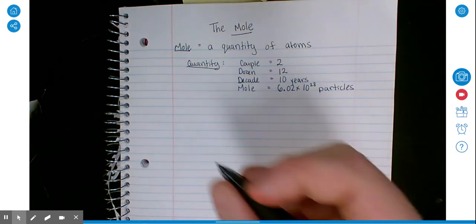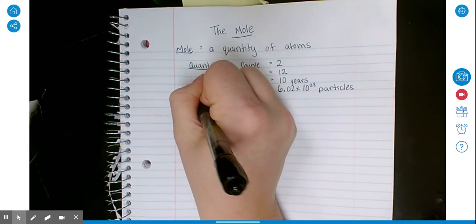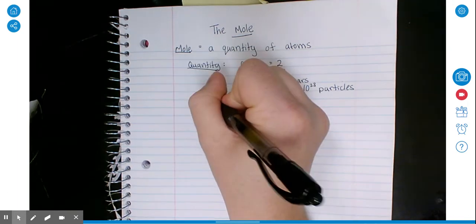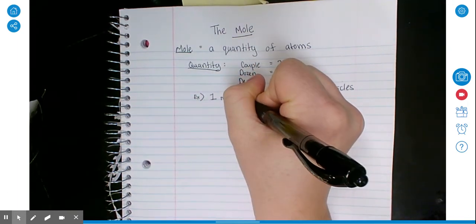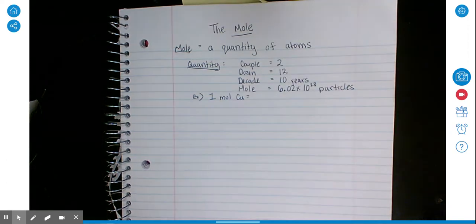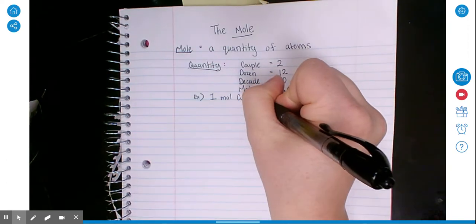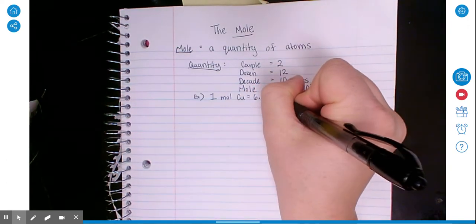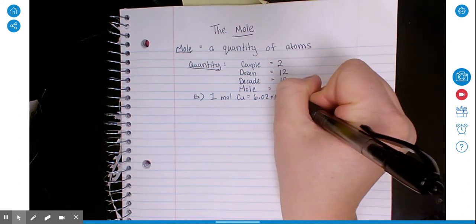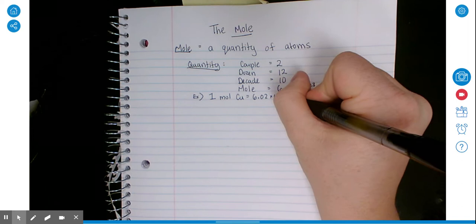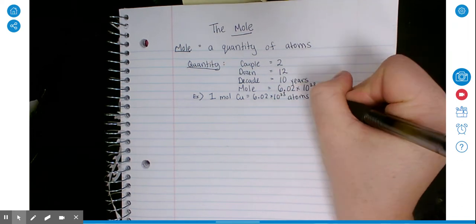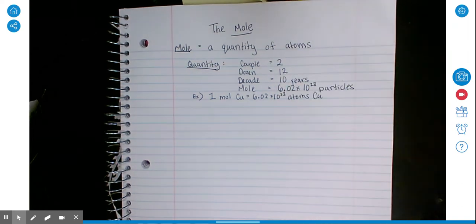For example, if I had 1 mole of copper element, I would have 6.02 times 10 to the 23rd. Copper is an element, so we can call them atoms of copper.